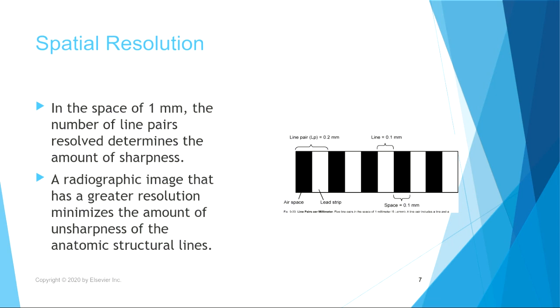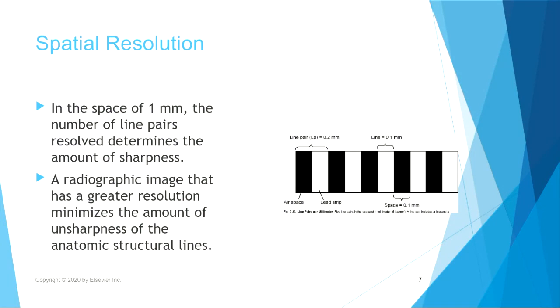And the greater the number of line pairs that are resolved, the greater the resolution. And even when we do talk about the equipment and how well it can resolve the anatomy, realize that the human eye is limited as well.